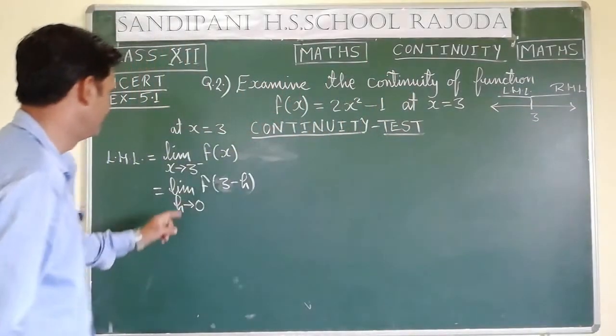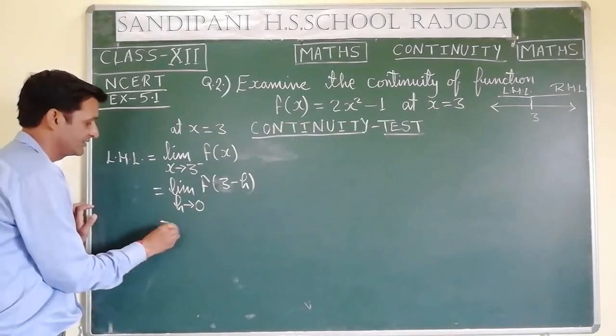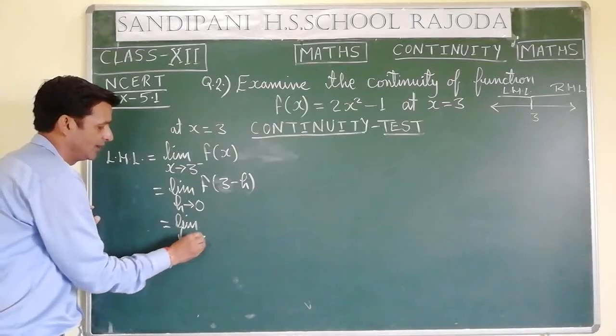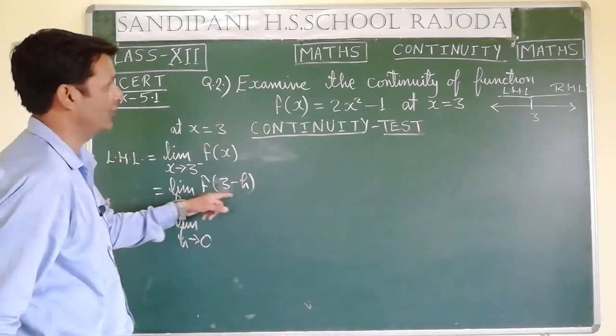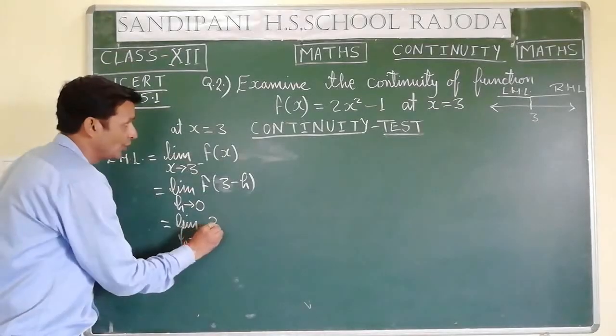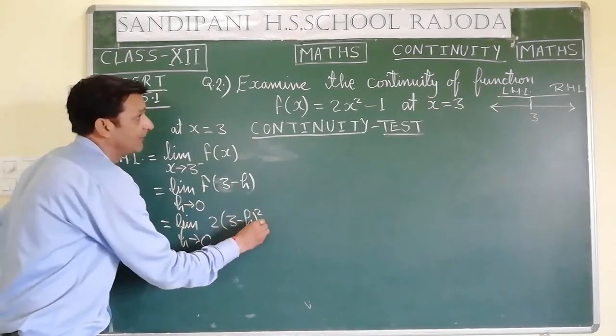So now limit h tends to 0, f of 3 minus h is equal to limit h tends to 0. In place of x we have to write here 3 minus h in our function. So it will be 2 into 3 minus h whole square minus 1.